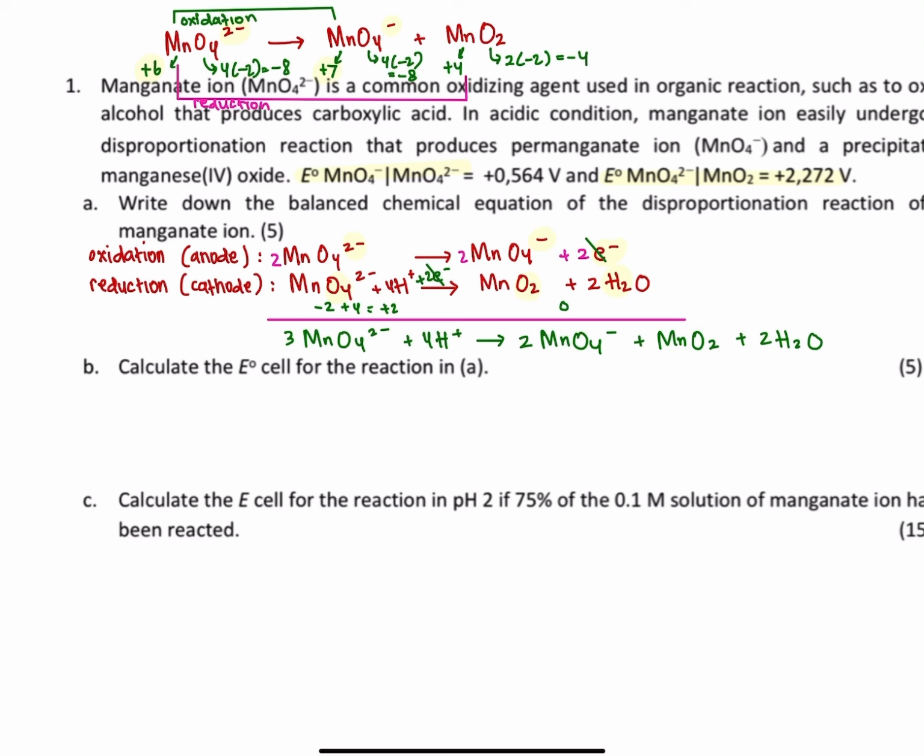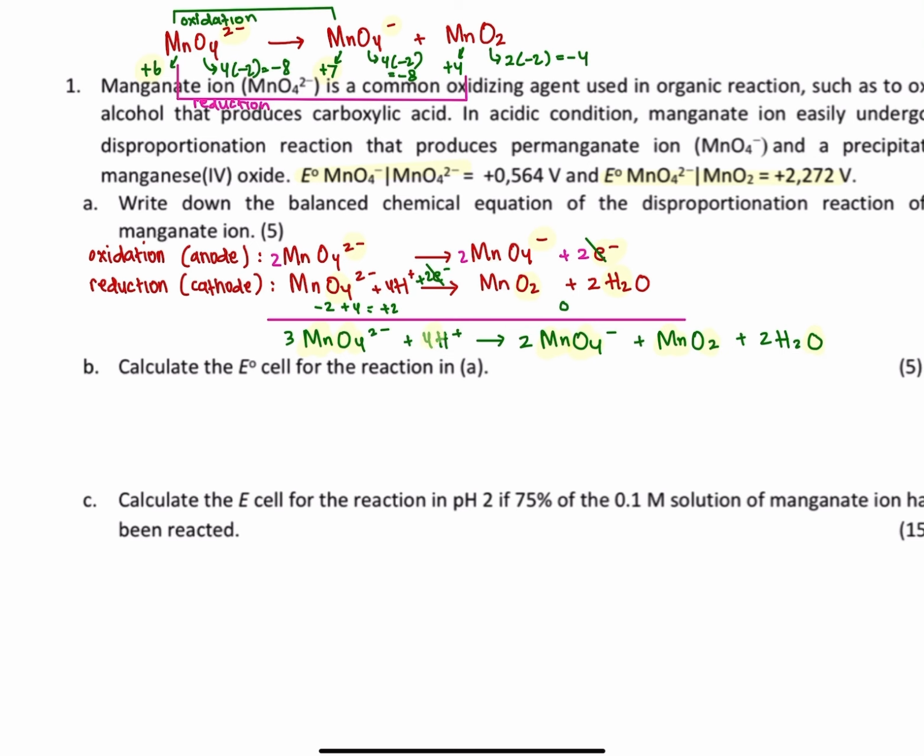balanced. So, for example, here we check for the number of the manganese. On the left we have like 3, on the right we also have 3, so it's balanced. And then for the oxygen, here we have 12, here we have 8 plus 2, 10, and so on too. That's also 12.